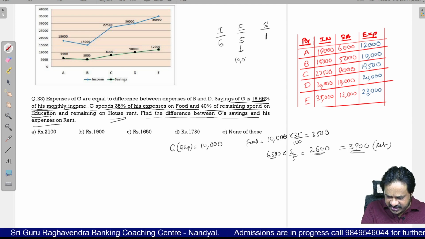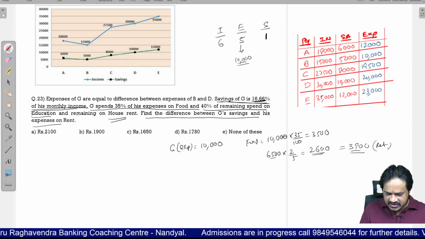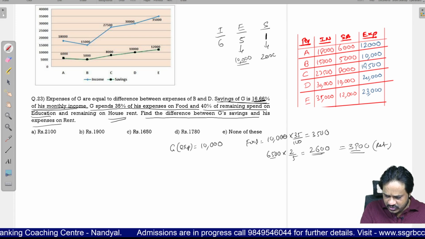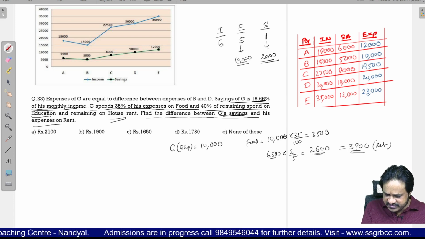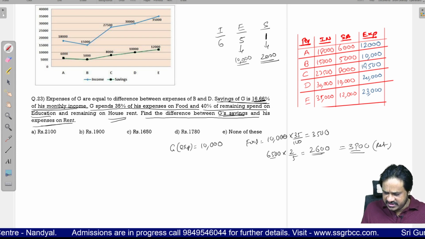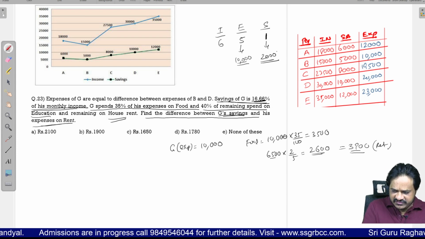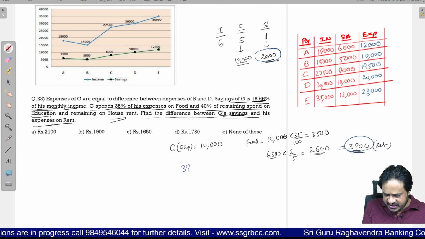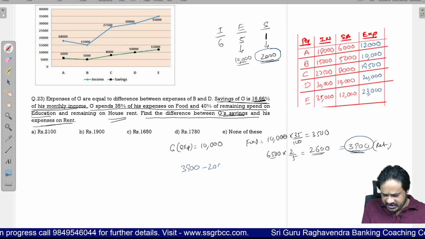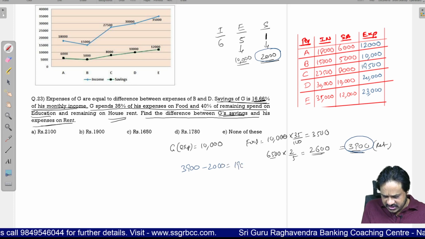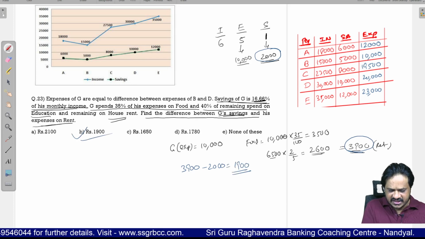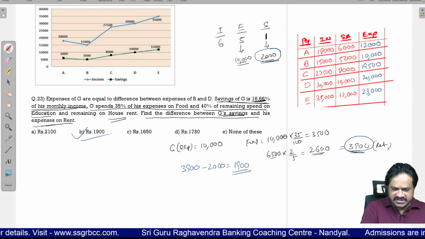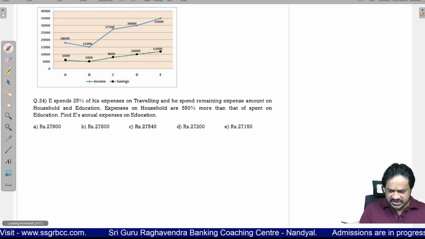Expenditure is given as 10,000, so 1 part is equal to 2,000. You have to find the difference between G saving and G expense on rent. G saving is 2,000, G expense on rent is 3,900. What is the difference between 3,900 and 2,000? That is 1,900, the correct answer. Option 2. Let us see the next question.